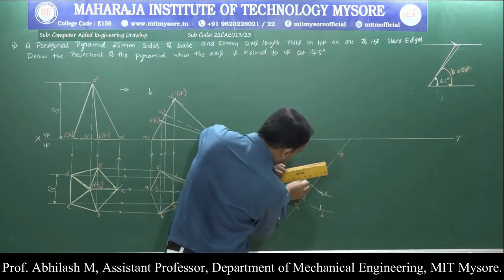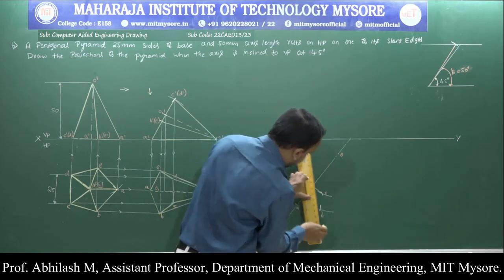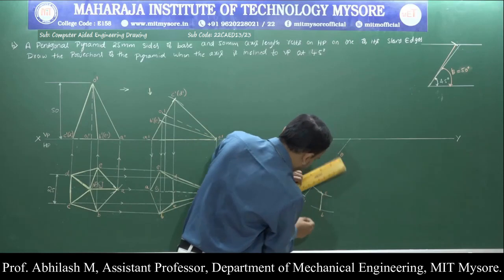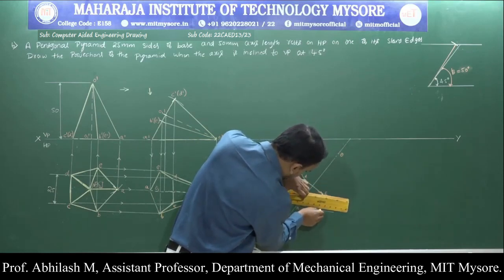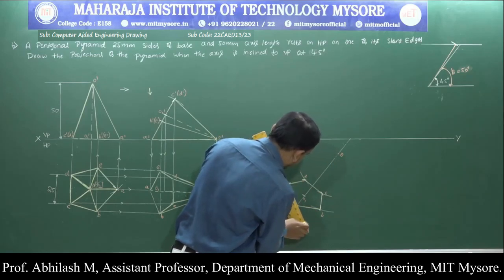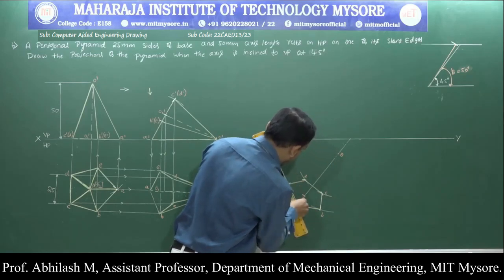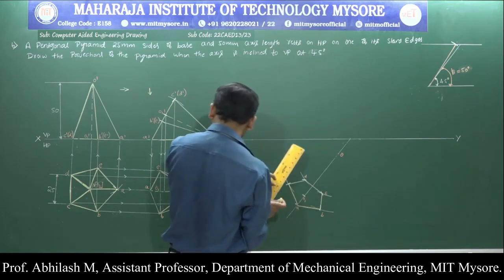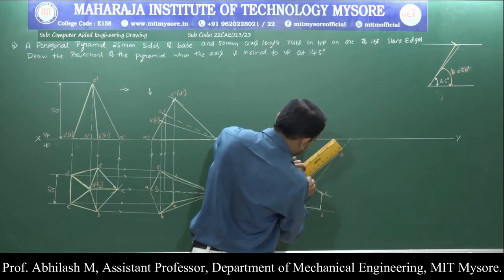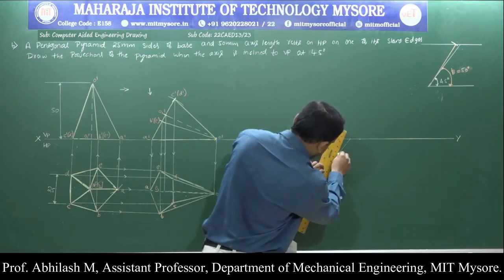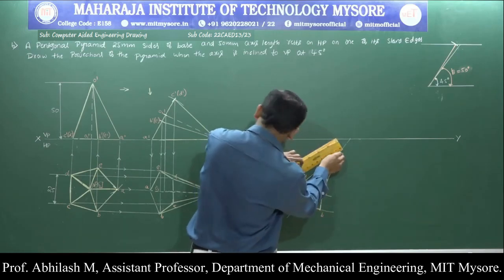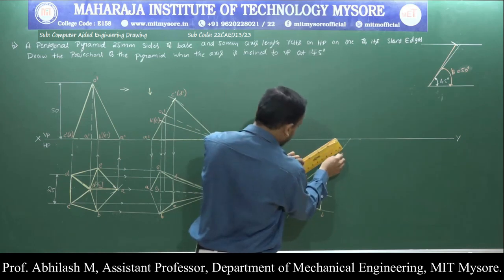Similarly, D to E and C to B, and from B to A to E. D to C is a thick line. Again from point E also it is completely visible.